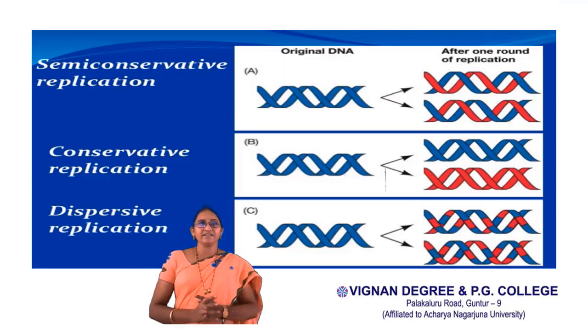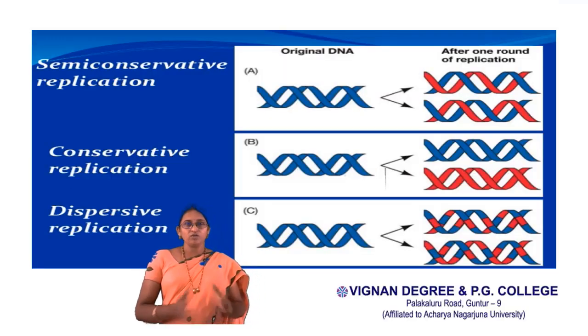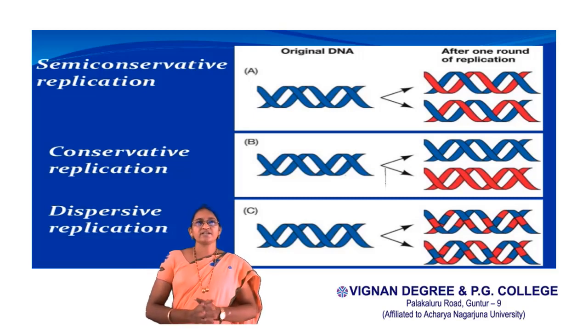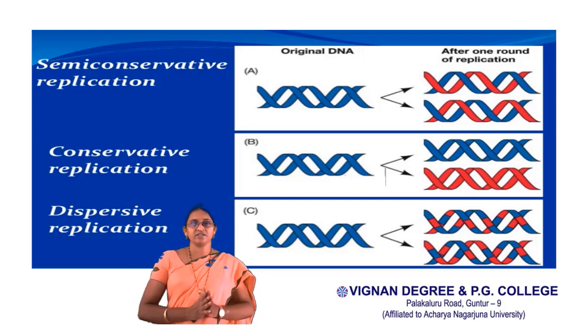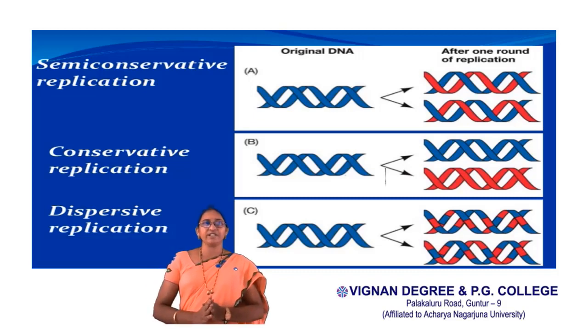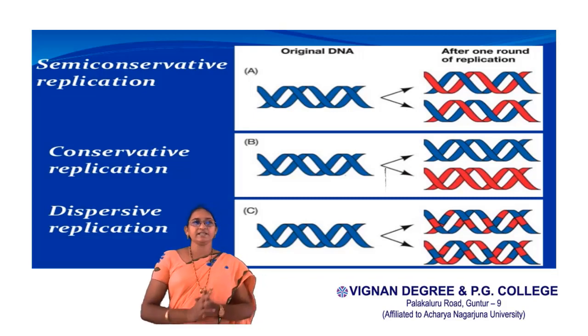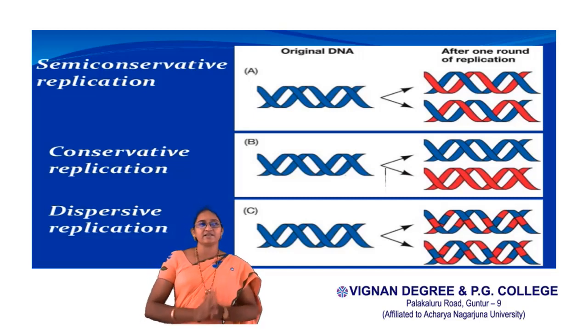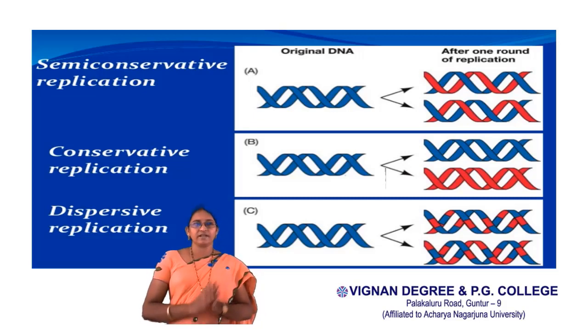Coming to semi-conservative replication, in this session we are going to study the proof for this. First, I would like to tell you the definition of semi-conservative replication. In this, the double-stranded DNA separates and each strand undergoes replication.